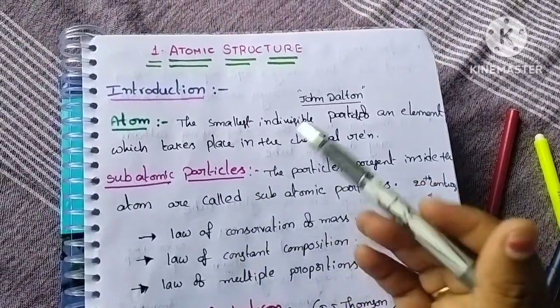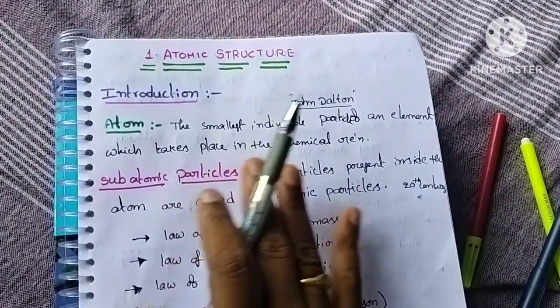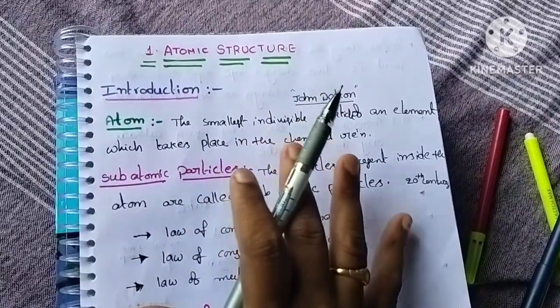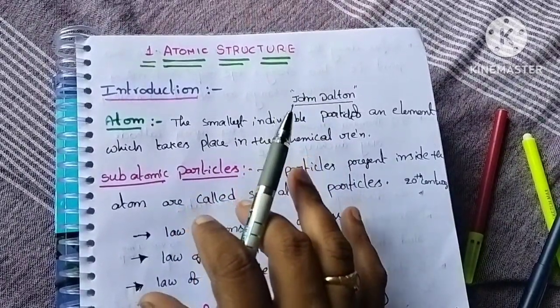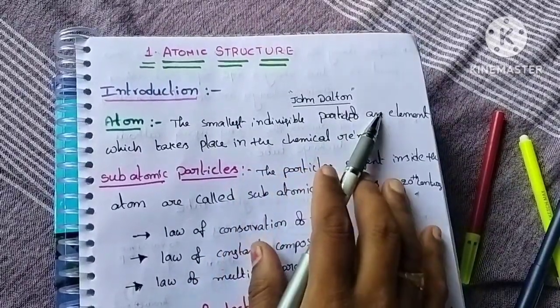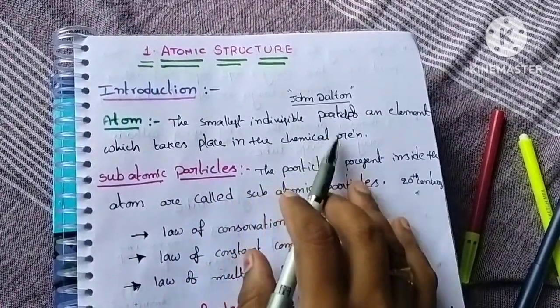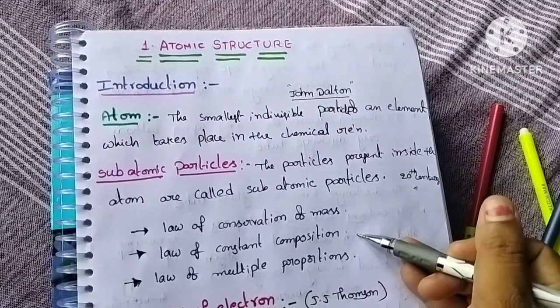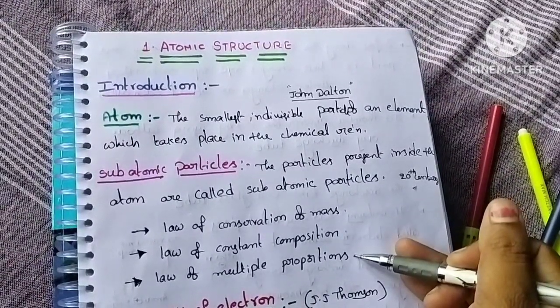Now, first coming to the introduction part. In our previous classes, we already learned so many laws about the structure of atom. According to John Dalton's theory, the structure of atom is derived on the basis of the law of conservation of mass, law of constant composition, and law of multiple proportions.